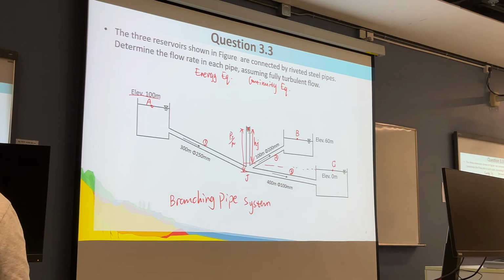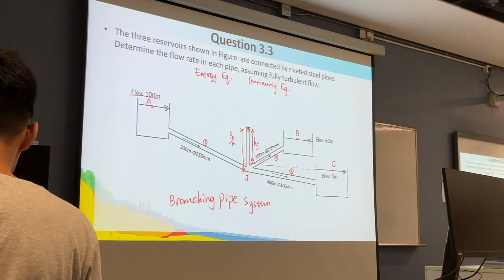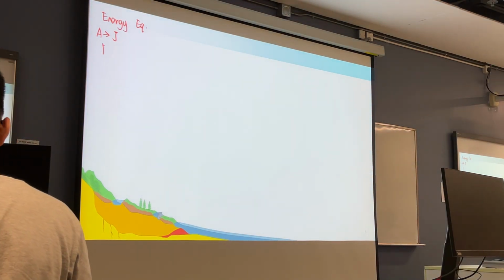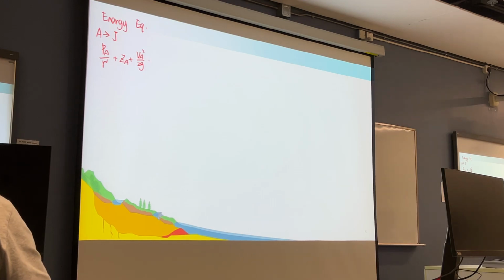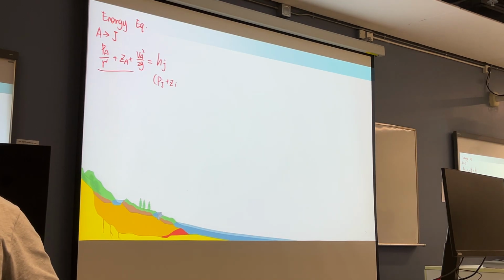So for the figure, from reservoir A to here, it is PA over gamma plus elevation of A plus VA squared over 2g, no pump and no turbine, equal to Hj, which is the sum of Pj over gamma plus elevation J, totally Hj, plus Vj squared over 2g plus the head loss.